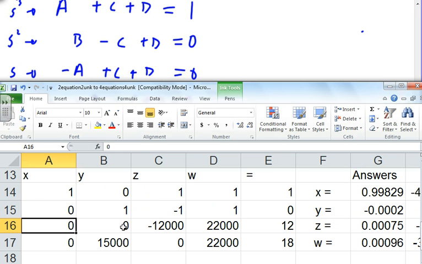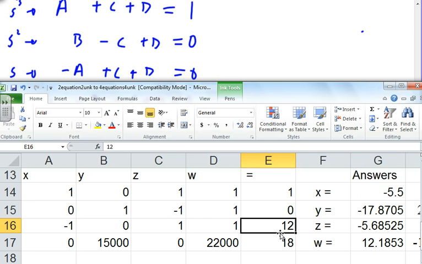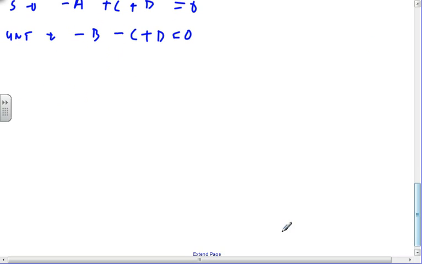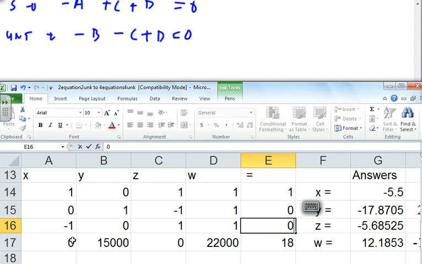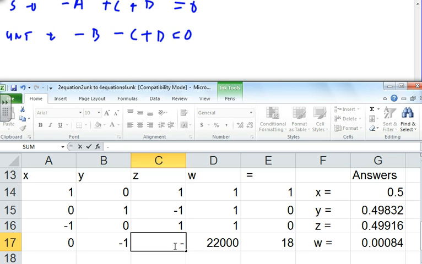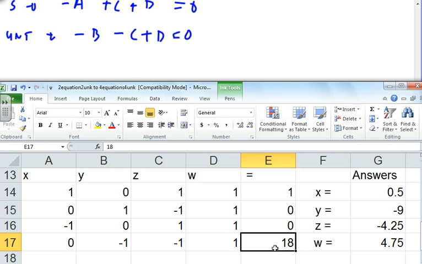A is minus 1, B is 0, C is 1, D is 1, that's 0, and the last equation we can't see. Last equation, 0, minus 1, minus 1, 1, 0.